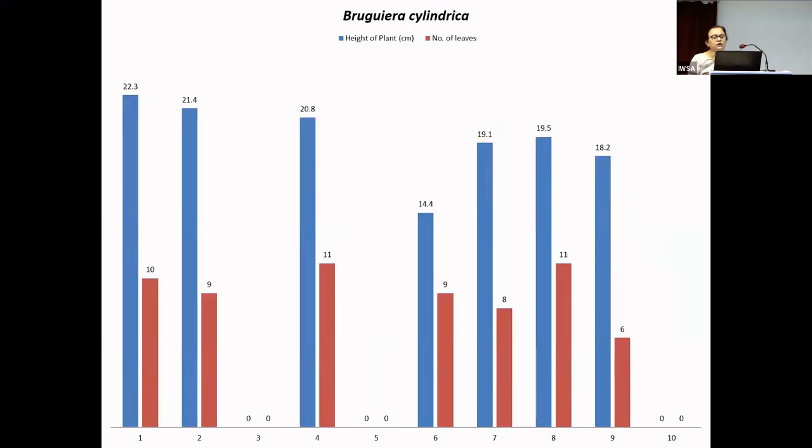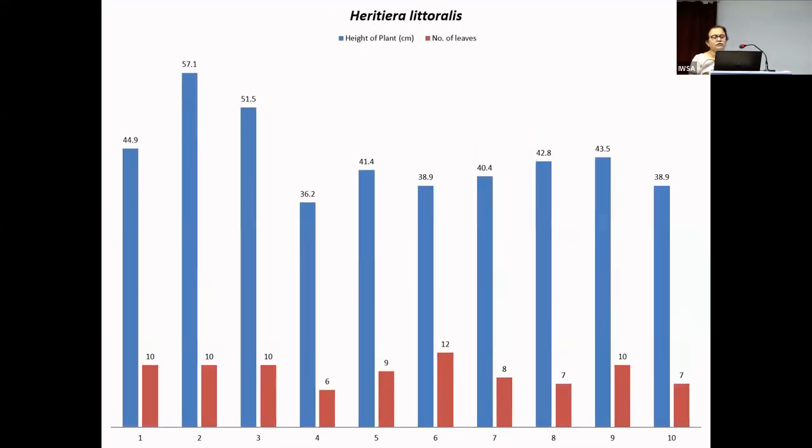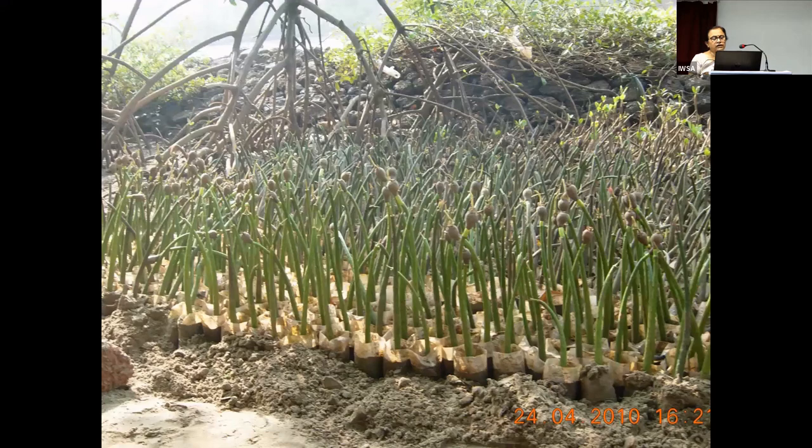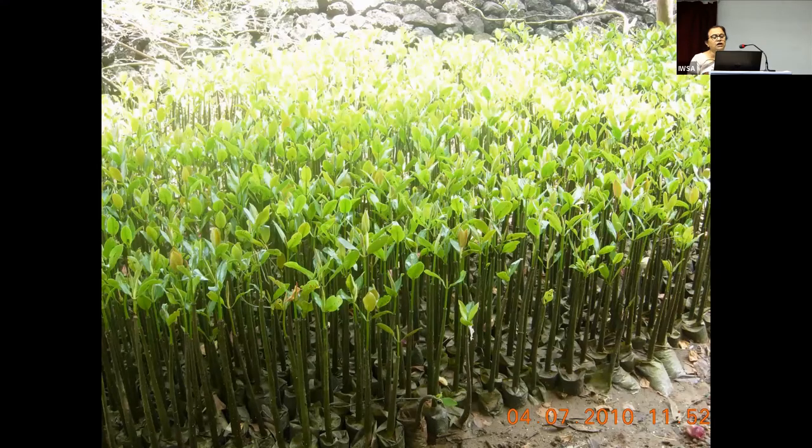We have reported for the first time, and you can see here the eco-restoration program that we have carried out, the transporting of the raised nursery plants, then nursery raised at Jamdul and other areas.